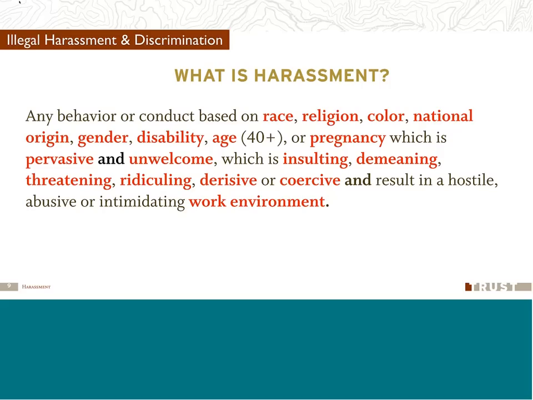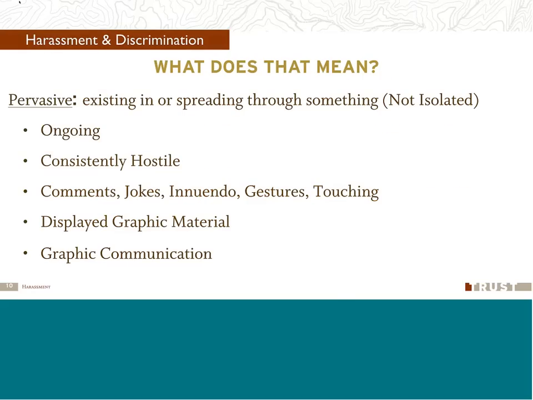First of all, let's make sure we understand what the word pervasive means. Pervasive means that something is existing in or spreading throughout an organization, for example. It's not isolated. It's something that's ongoing and has a deep reaching effect in an individual's behavior or throughout an organization.